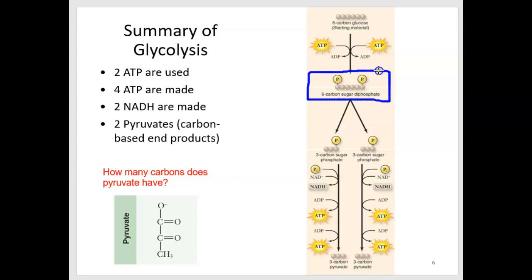Any enzyme that phosphorylates a compound is called a kinase. So you can bet that the enzyme that does this reaction is going to have kinase in its name somewhere. But ultimately, after phosphorylation, the glucose carbons get split up so that 3 and 3 are located in each of 2 molecules.